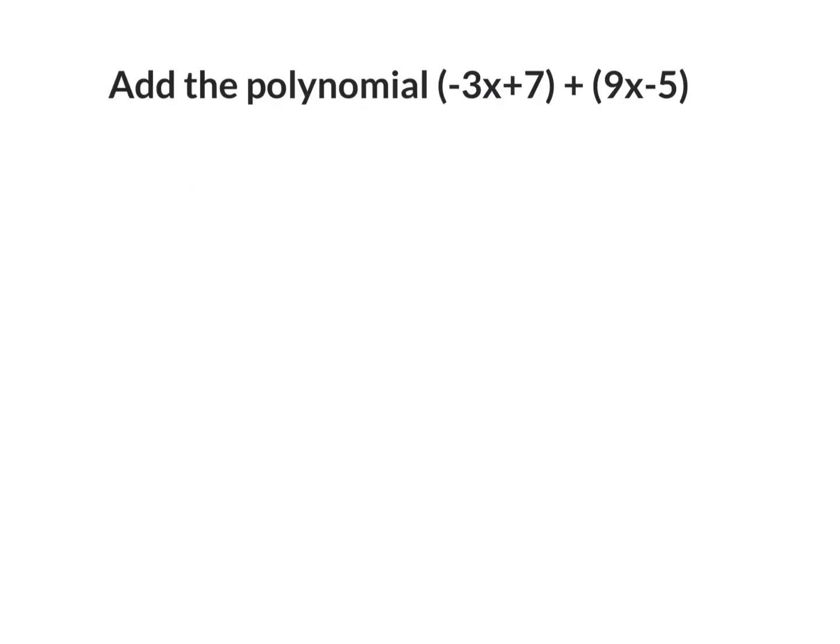Here we go. There is a ridiculously easy question that says add the polynomial. And I think that's a typo. It should say add the polynomials. You actually have a binomial here that you're going to add to another binomial. So notice that there's a plus sign between them. You are simply combining the negative 3x plus 9x.